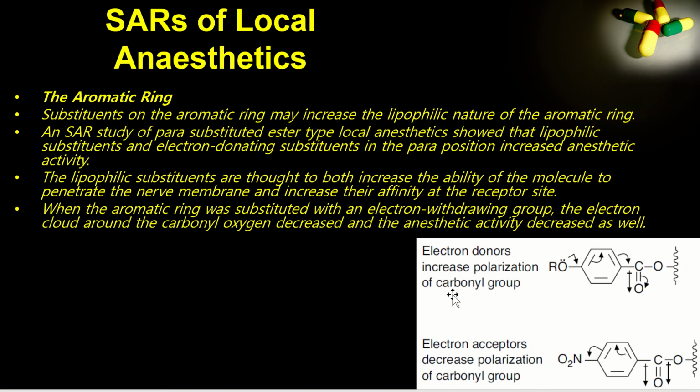Electron donors increase polarization of the carbonyl group, while electron acceptors decrease polarization of the carbonyl group. So they'll pull electrons to themselves. That's no good. We need an electron donating group, and I hope we remember, an electron donating group in the para position is ideal for increasing anesthetic activity.